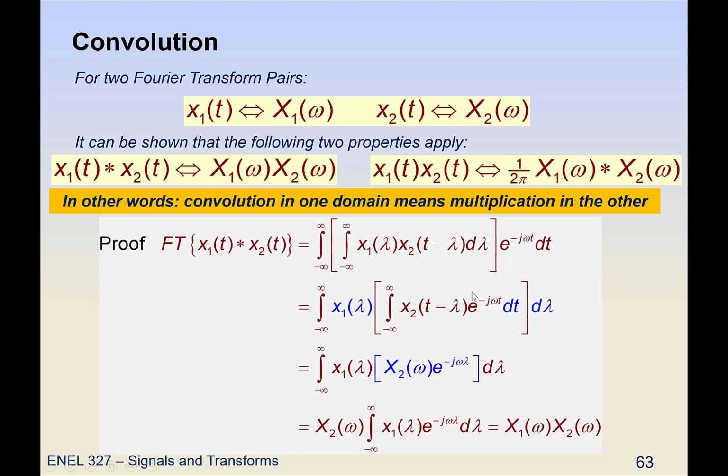And then that second one just becomes X2 of omega. By definition, that's just the Fourier transform. And then what's left becomes just the Fourier transform of x1. So I end up with just that multiplication.